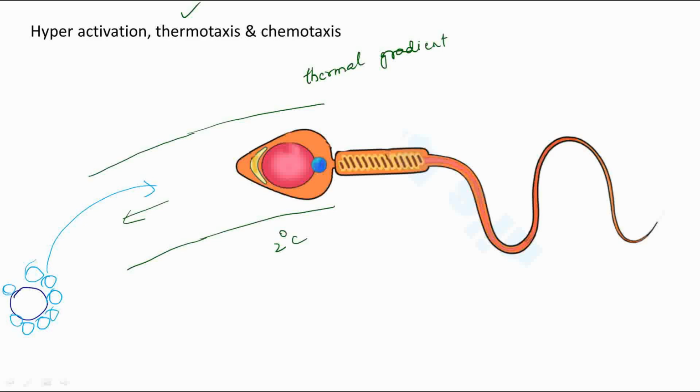Listen, only a capacitated sperm gets attracted because of the chemical substance secreted by that ovulated egg as well as the cumulus cells. In that way, that sperm can reach that egg. That's all about capacitation, its molecular events, and after that, how a sperm manages to reach that egg.